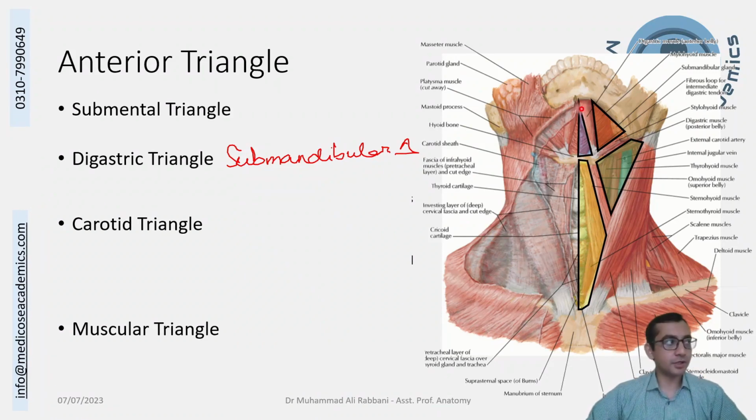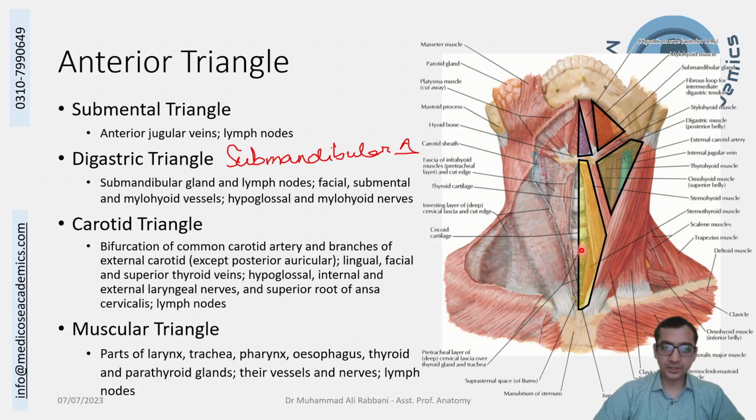So these are the borders of the four triangles that are made by the anterior triangle. There are two key muscles doing all of this work: digastric, with two bellies, and the superior belly of omohyoid. And of course, there is the midline here.